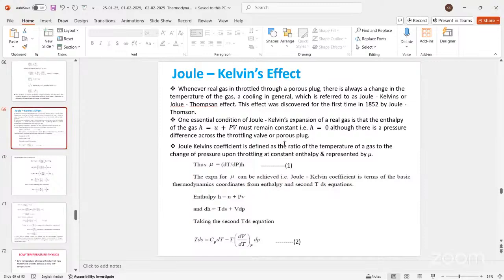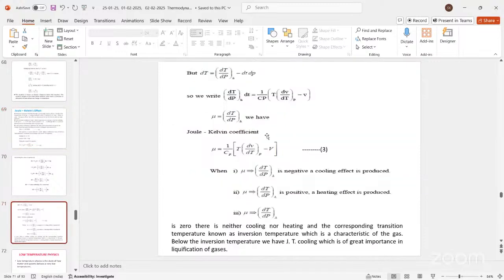So finally the Joule-Kelvin coefficient equation is mu equals 1 by Cp, T dV by dT minus V.